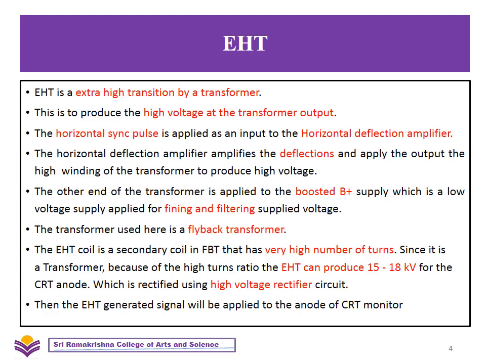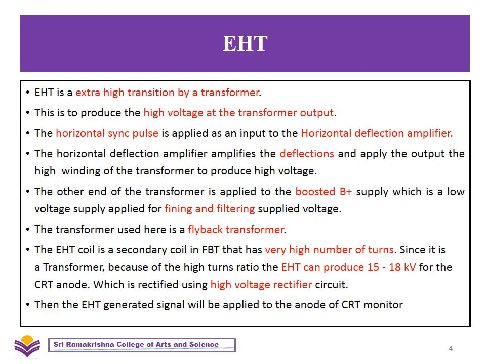The other end of the transformer is applied to a low voltage, referred to as the booster B plus, which is used for filtering the supply voltage. The transformer used in the circuit is a flyback transformer. The EHT coil is connected to the secondary of the FBT, which has a very high number of turns wound at the secondary to produce a high voltage at its output.